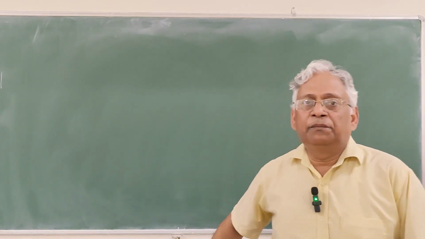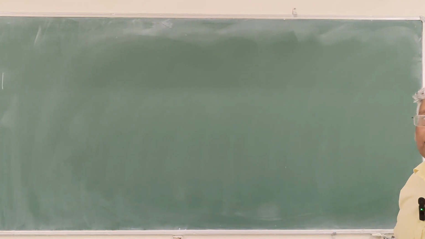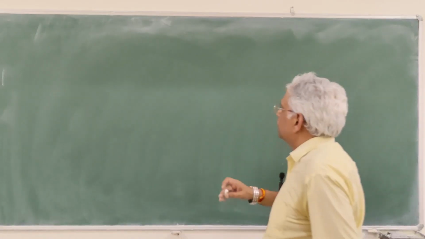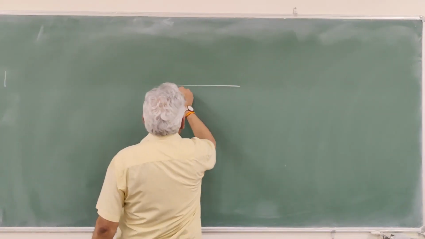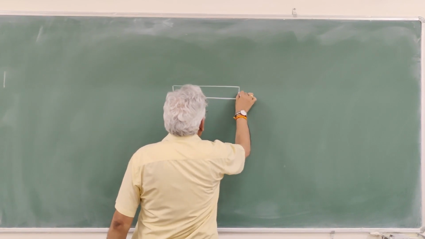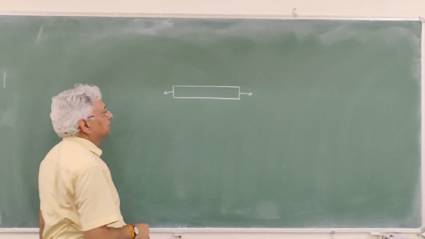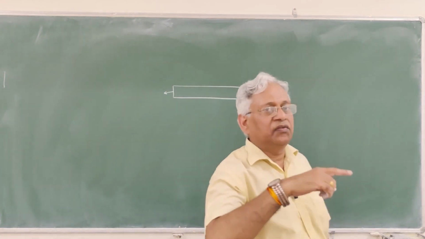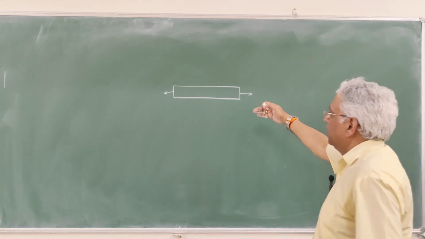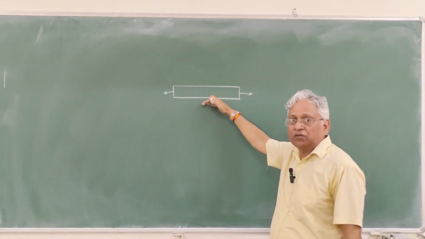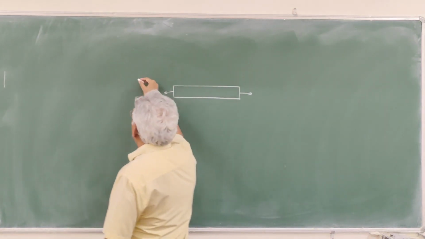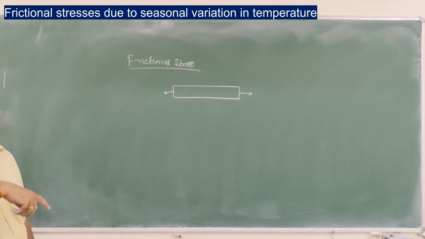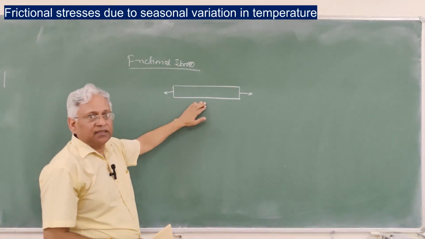temperature. The second type of temperature variation is seasonal variation, during summer and during winter. And here also during summer the slab will expand, but here the expansion is in the full length of the slab, and this expansion is resisted by the frictional force between the slab and the foundation or the base course, and that is why they are called frictional stresses, because these stresses are because of friction between slab and the base.